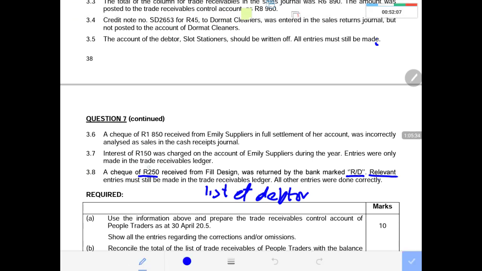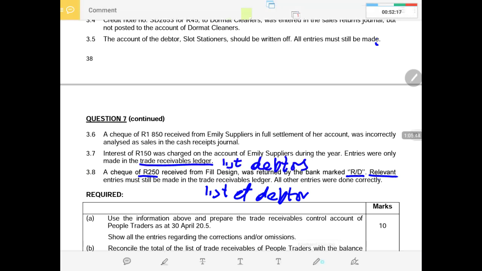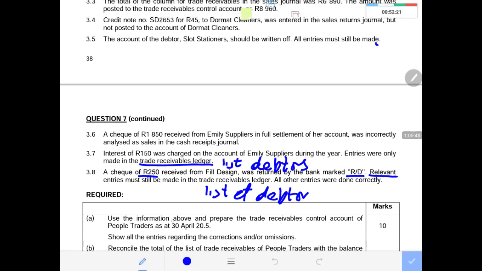They are referring to a list of debtors. So now they say relevant entries must still be made in the trade receivables ledger. That means relevant entries must still be made in the list of debtors.